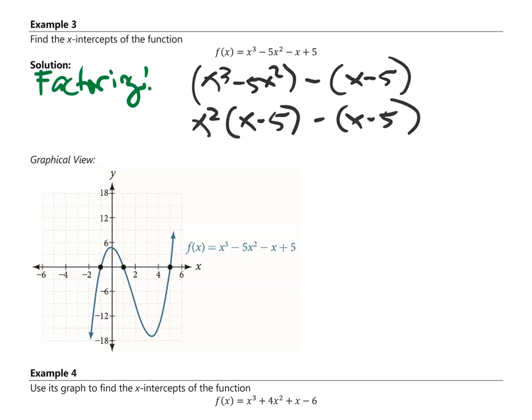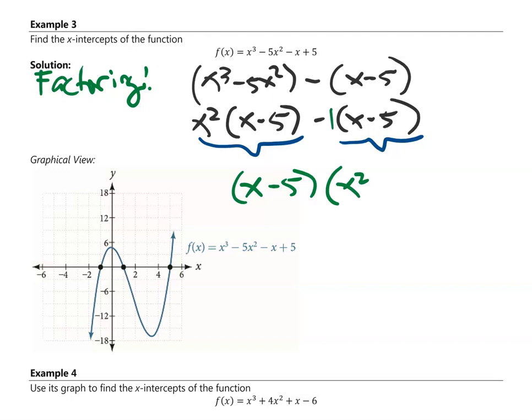Now, this is one term and this is another term. You have 2 terms, and each term has x minus 5. So I can factor out that x minus 5. So I'm going to factor out x minus 5, and then I'm going to have here x squared, and understood there is 1 here, so minus 1.